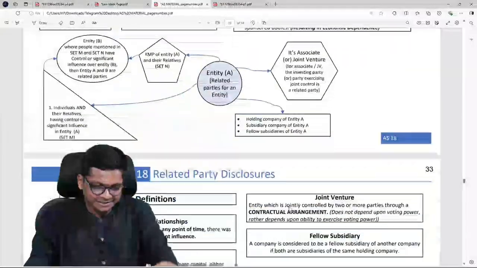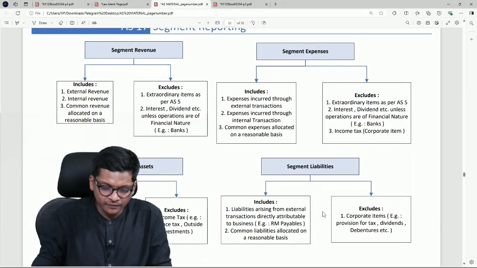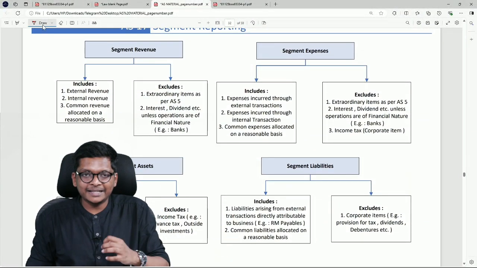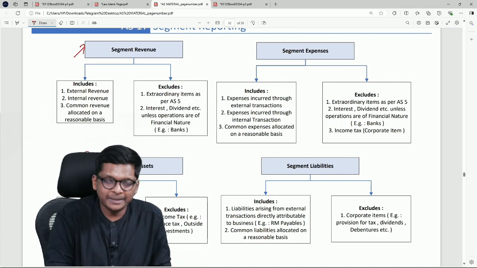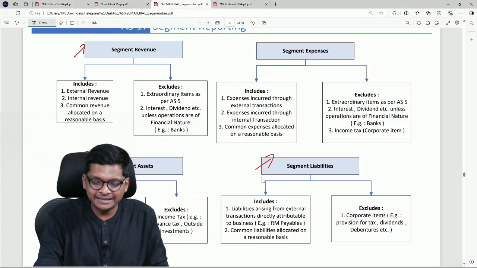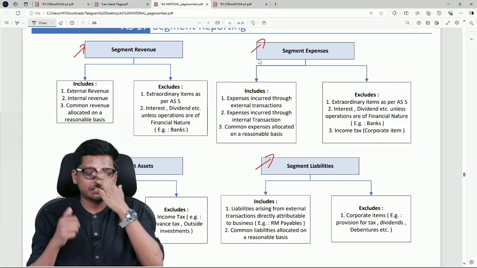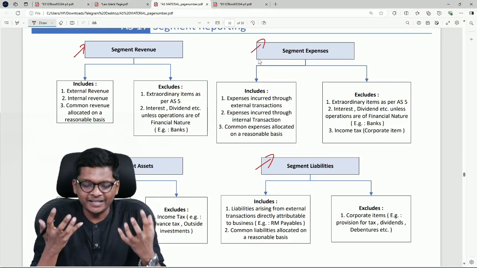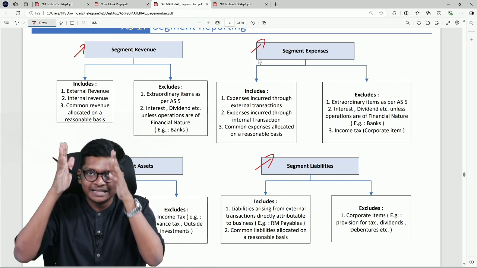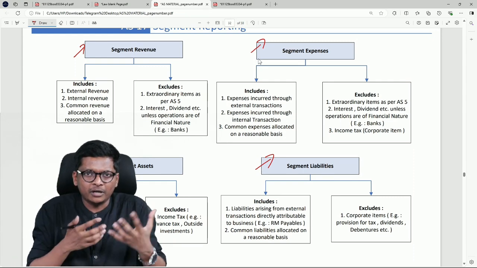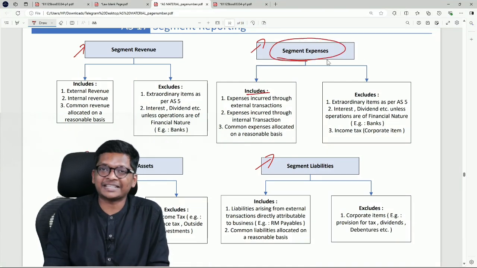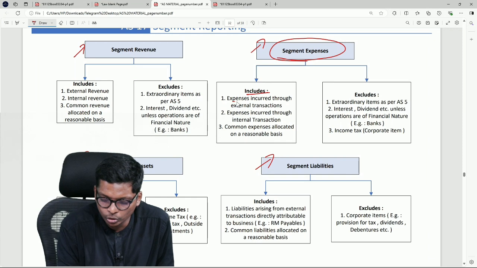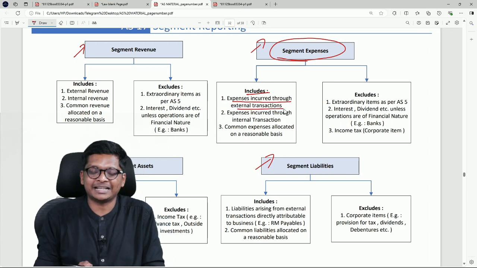In AS 17, I would have given what we will include in the particular segment revenue, segment assets, segment liabilities and segment expense. Because we are classifying based on each segment for the report, since this question is about segment expense, it includes expense incurred through external transactions.